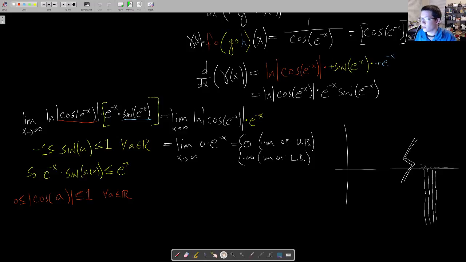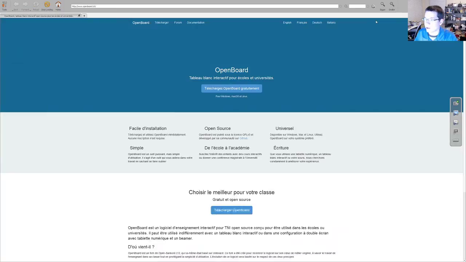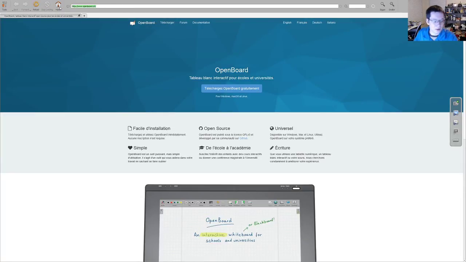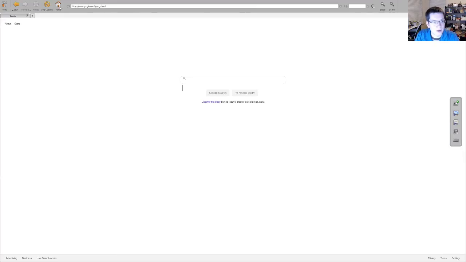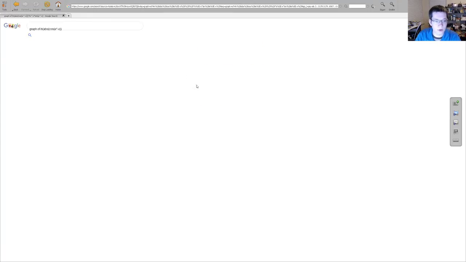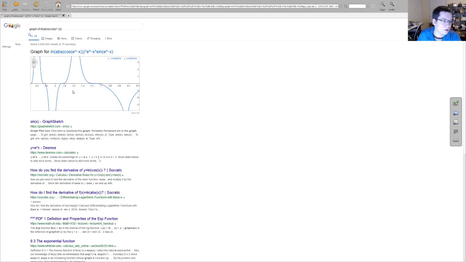So all of these graphers online, or a bunch of them anyway, don't like this function. Does the Google one work? Yes, it does.